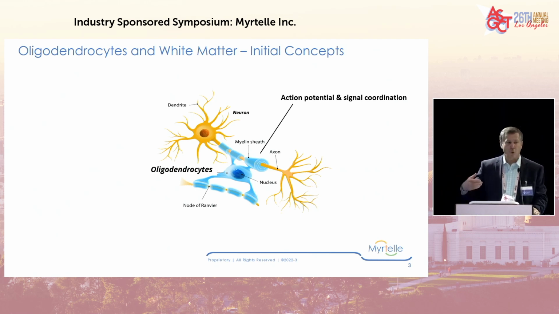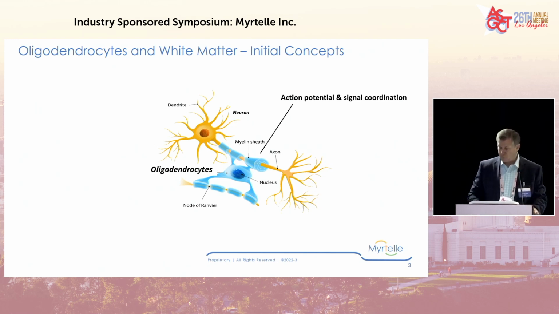And so we've always looked at them as a cell that is really supportive of overall brain function, and particularly neuronal function. They help facilitate the action potential and propagate the signal all the way down the axon of the neuron to the synapse. And that was obviously a very important support function that they carry out.